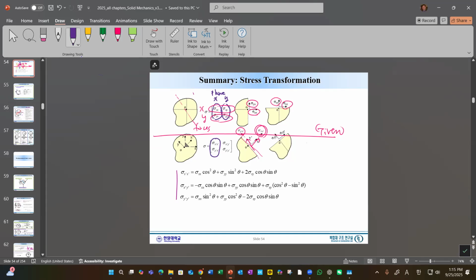We will have two components, and we can also have another plane, vertical to the x plane, called the x prime plane and the y prime plane, and then we have two components. As you can see, this is the x component force and the y component force.